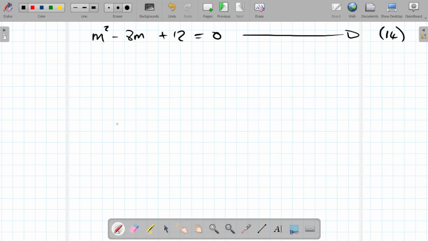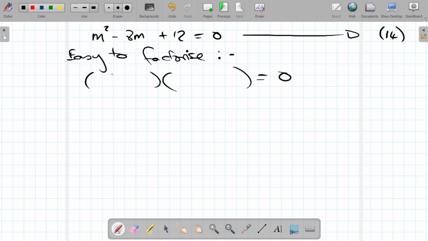Anyway, this is easy to factorise. If we factorise it, then we've got to find all the factors of 12 which when added together give minus 8.